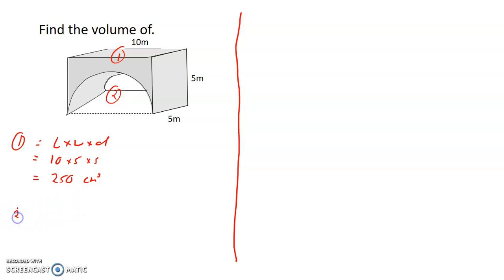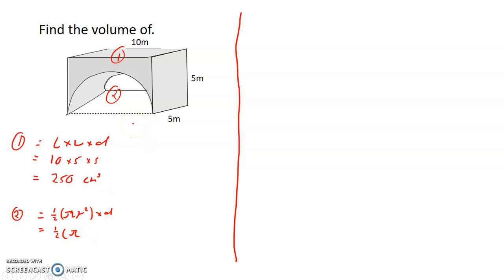And our second shape is half a cylinder. The cylinder's face is pi r squared, and we need half of that because it's half the circle, and then times by its depth. And then our volume is a half of pi.